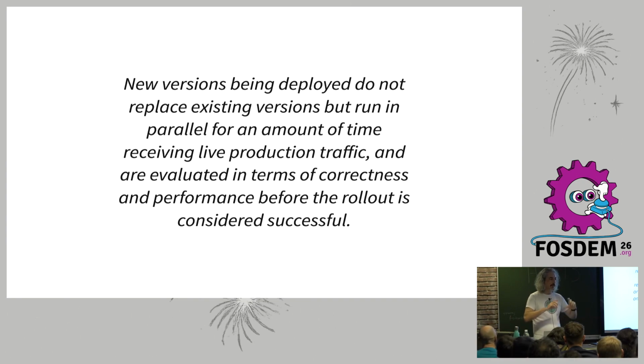It just progressively changes your infrastructure, your application. The interesting thing here is that you are evaluating live production traffic, so you don't rely on unit tests or integration tests, but on actual production data to decide whether your rollout is being successful or not.